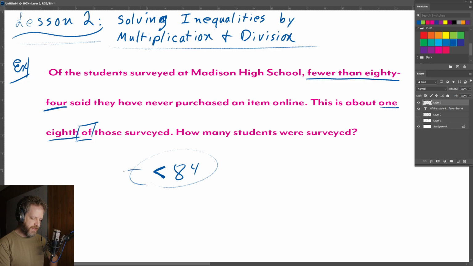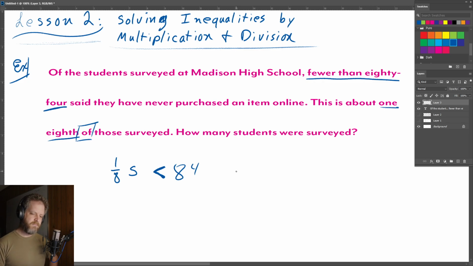So the less than's got to go this way. Does that make sense? Kind of, sort of. Okay. And then about 1/8 of the students, right? So there it is. Now we got to solve it, right?